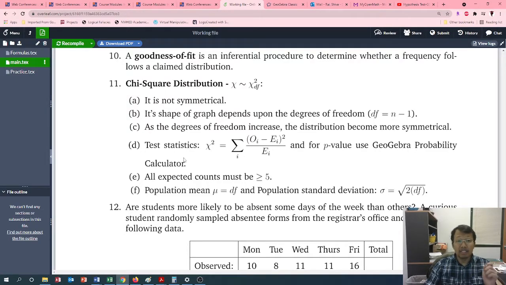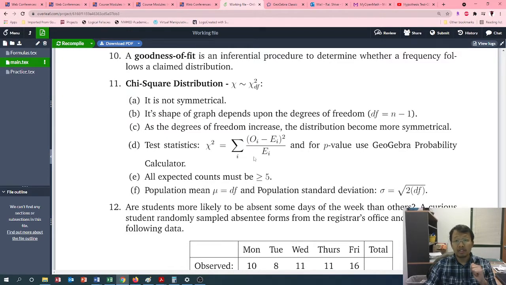The test statistic is calculated in this way. This is the Greek letter chi-square, equals the sum of all observed values minus expected values, squared, divided by expected values. Here i runs from 1 up to n.